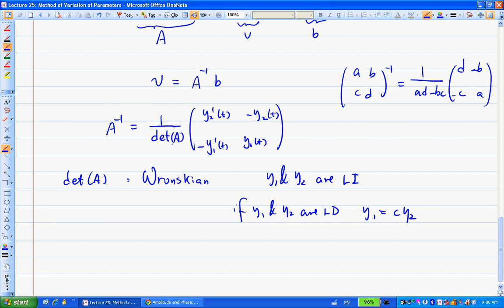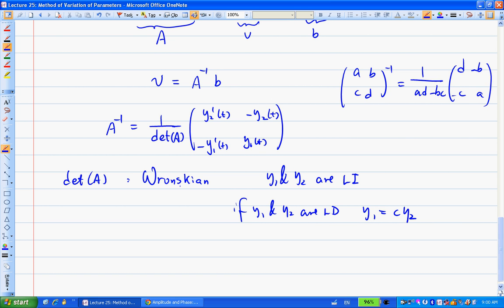So now here comes the second approach. The second approach is you can form a so-called Wronskian, basically the determinant. And then you check whether the determinant is 0 or not. If it's 0, then they're linearly dependent. If it's non-zero, then they're linearly independent.